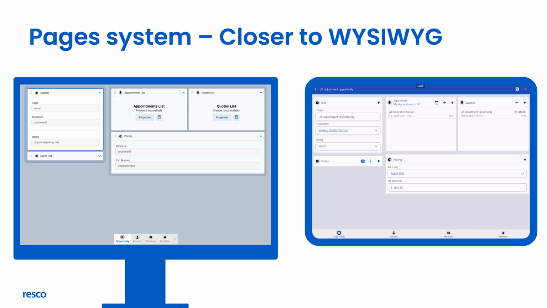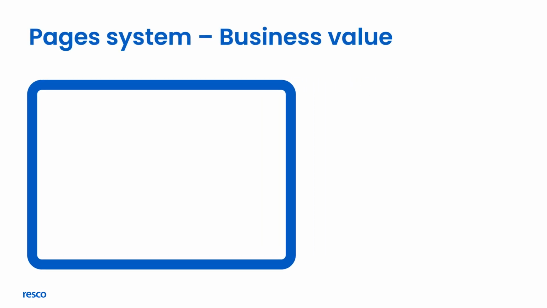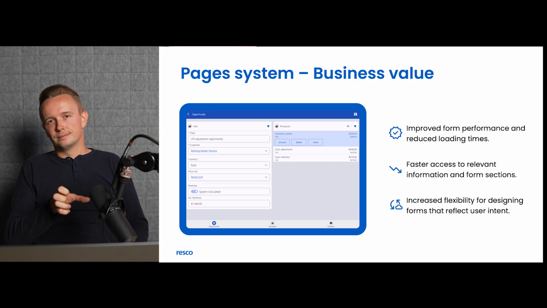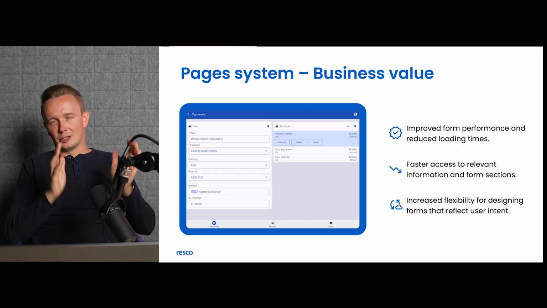Now, looking at the business value aspect, we would like to give you improved form performance and reduce loading times by giving you this ability to structure the form in a more organized manner. Why? If you open a form and only a single page is open, you basically load just that set of data.